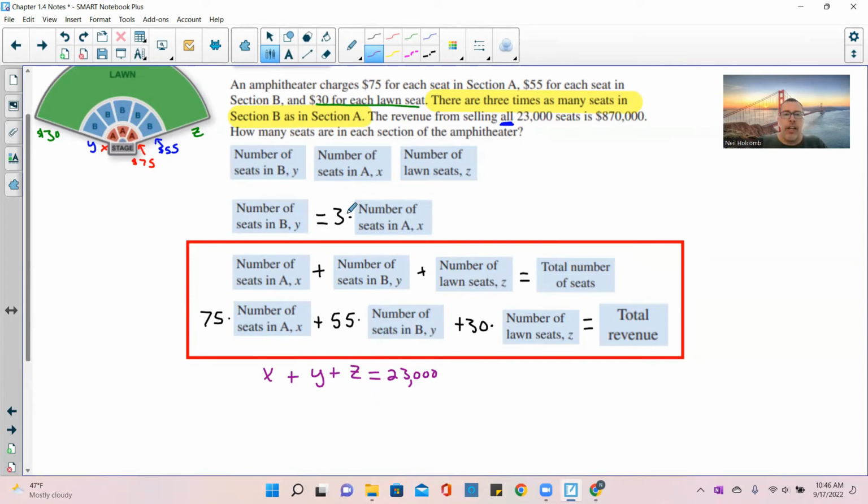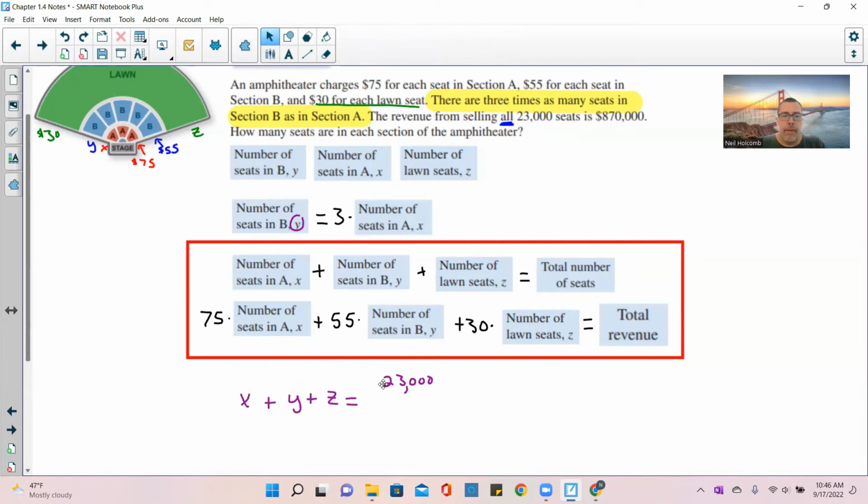The other equation that we know is Y equals 3X. Let me move this one down. We also have Y equals 3X. Let me not spread that out. Okay, that is this equation here.